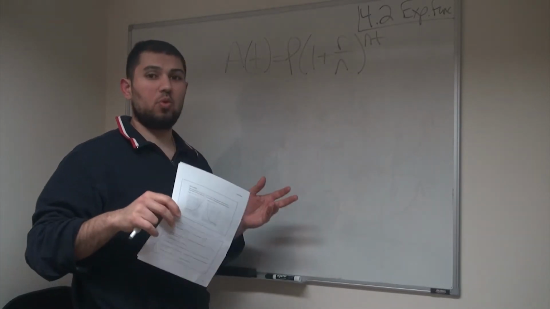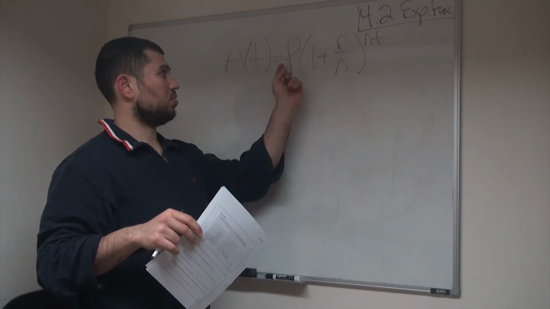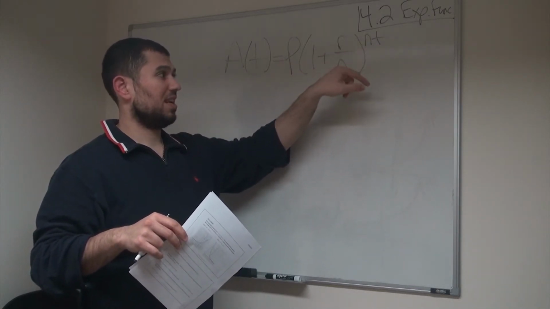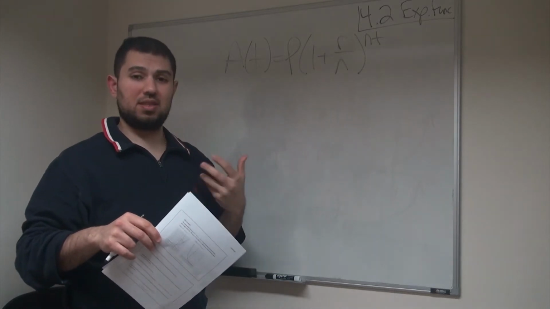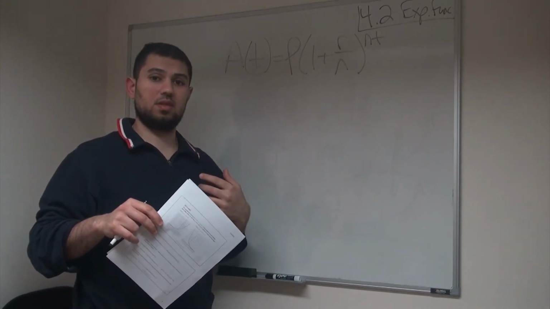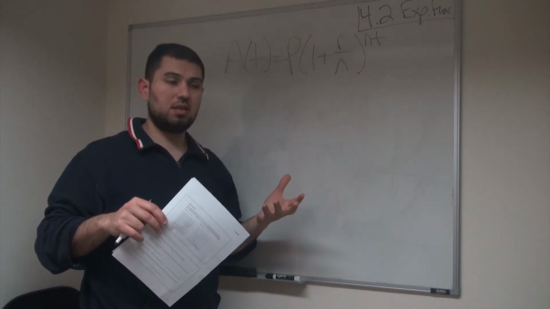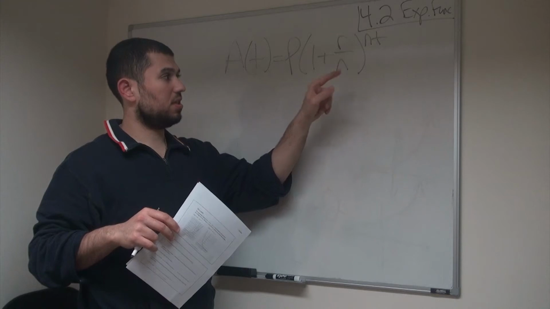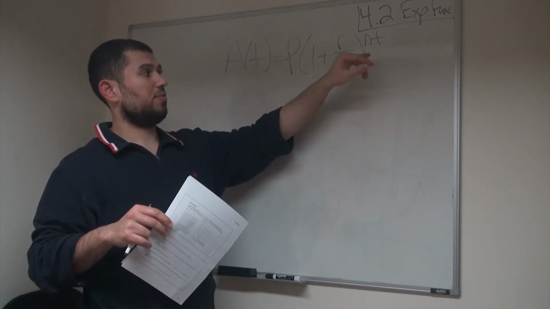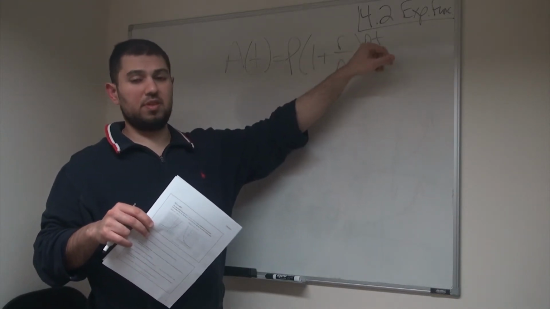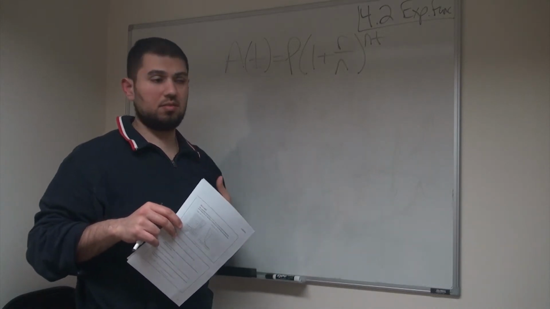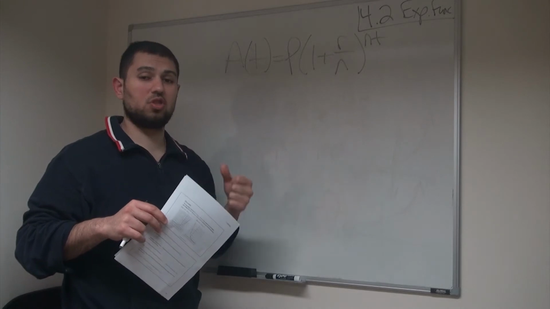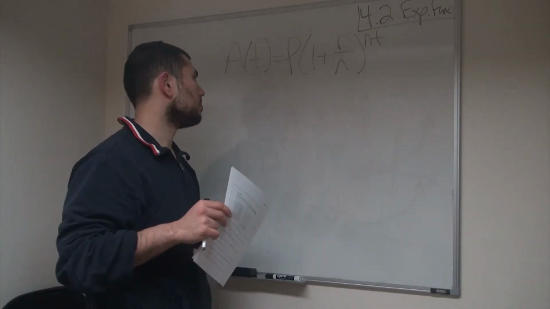So if I had 12% a year, then this would be 0.12, and t would be however many years. Now n would be the number of compounding cycles. So if this was 12 times a year, n would be 12. If it was 4 times a year, n would be 4. So it would be 4 times the number of years would be how many times we'd raise this value to that power, right? Because we're getting paid interest on our interest more frequently.